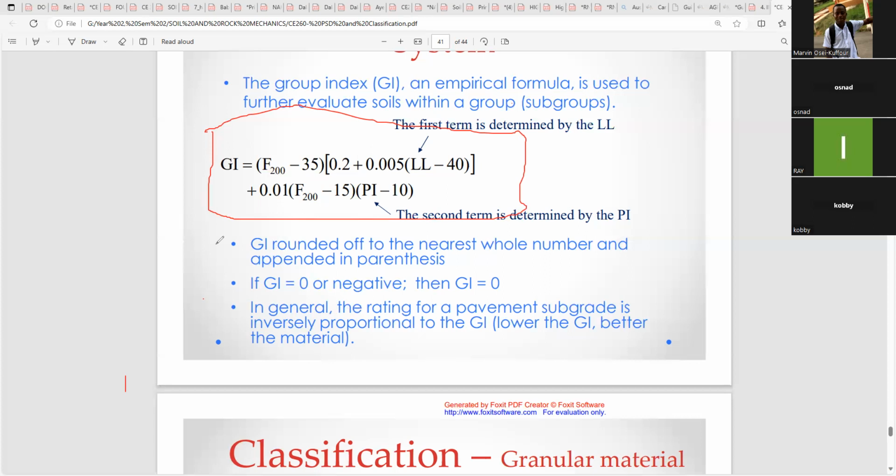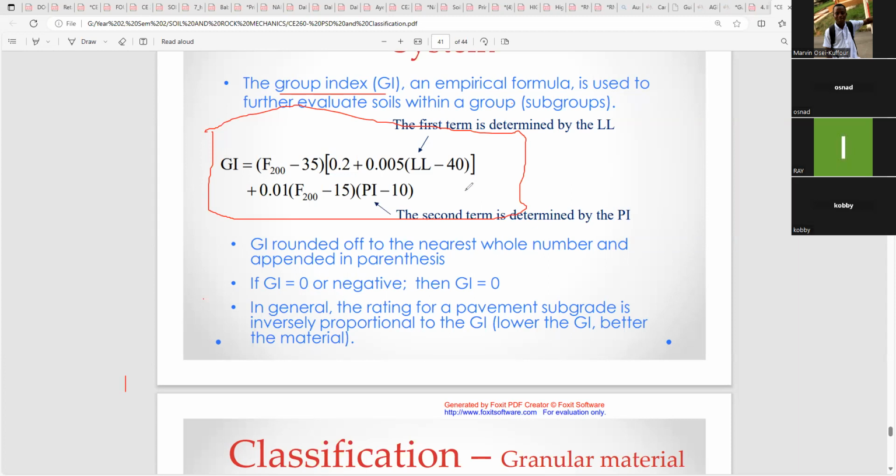It's written on top here. There is an empirical formula used to further evaluate soils within a group. So it classifies the soils into subgroups after having a general group. If you want to classify it into a subgroup, and it's compulsory, you have to, else you've not really done anything.